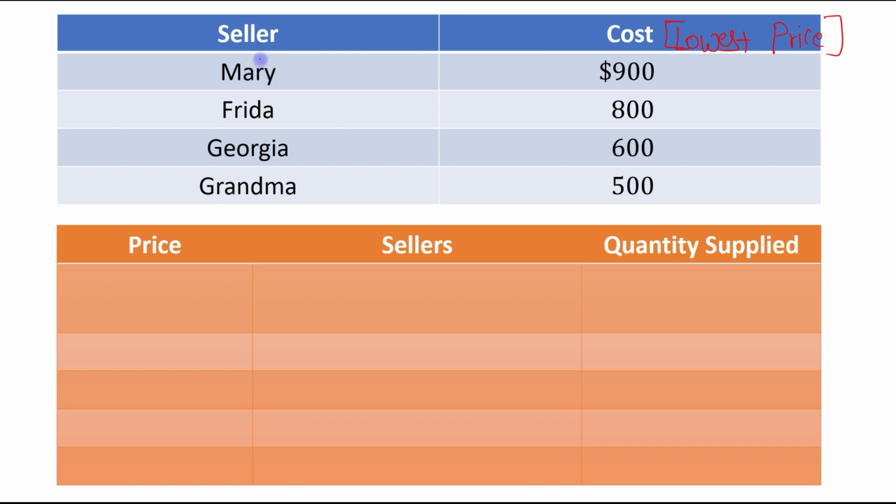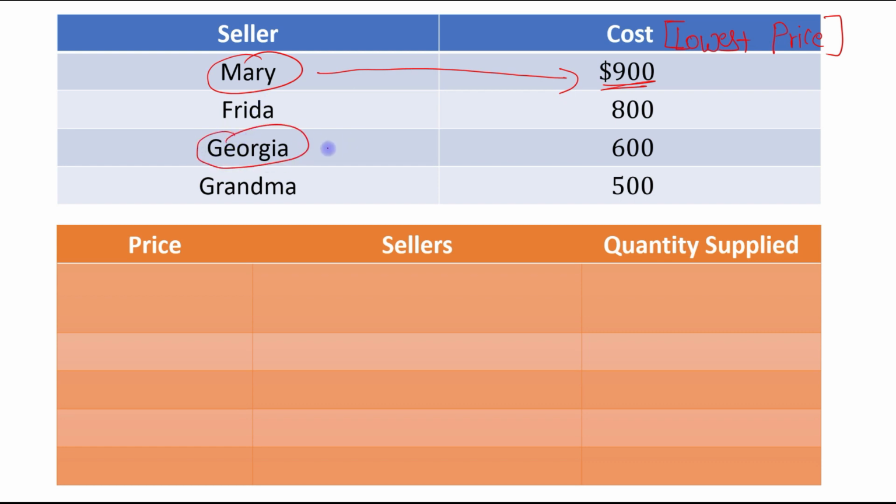So if we are talking about Mary, then $900 is the lowest price that Mary would accept for selling her painting services, and if the price offered to her is less than that, then Mary will refuse to sell her painting services. Same is the case with Georgia.